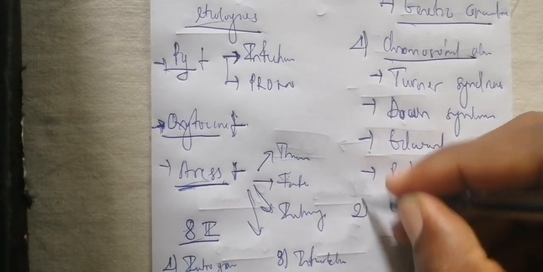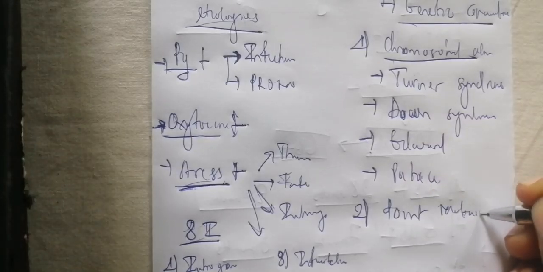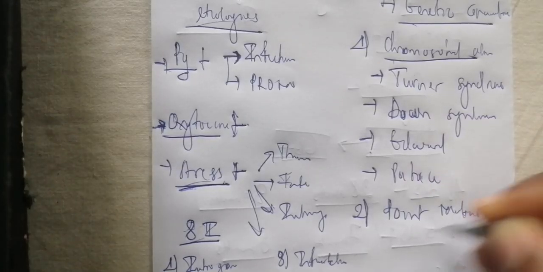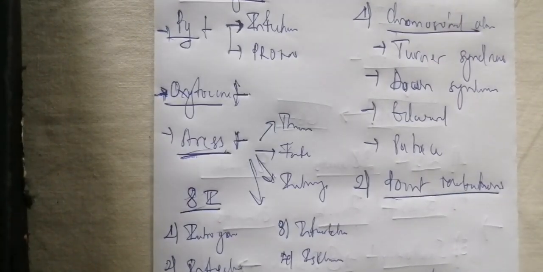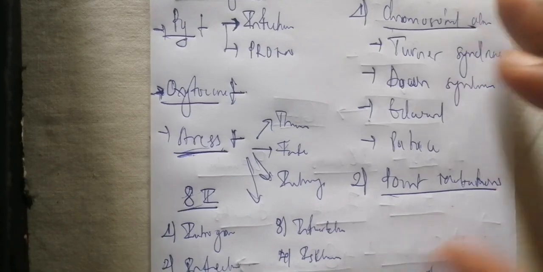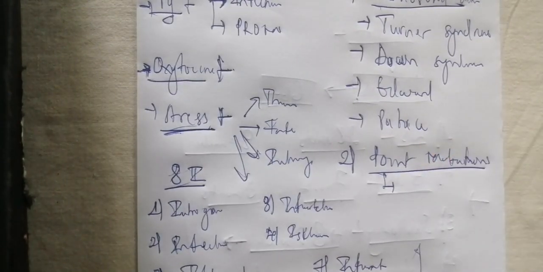Those are chromosomal abnormalities. After chromosomal abnormalities, we have point mutations. Point mutations are more of nucleotide abnormalities. They can occur in the case of Duchenne muscular dystrophy or Becker muscular dystrophy.